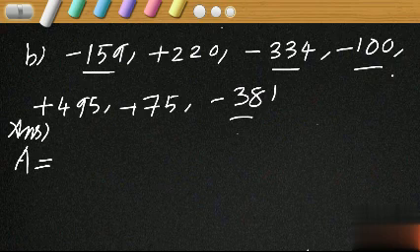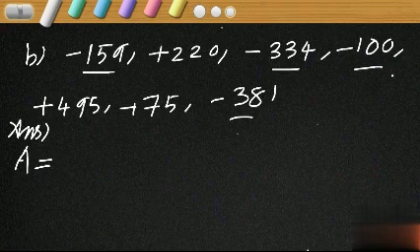Among minus 159, minus 334, minus 381 and minus 100, minus 381 has the greatest magnitude. So surely that will be the smallest number.